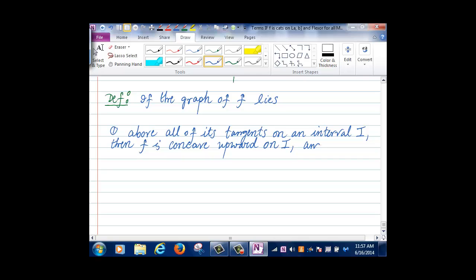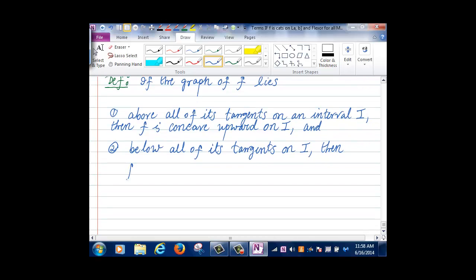And 2, if all of its tangents below the graph on I, then f is concave up on I. Okay, so that's what we said.